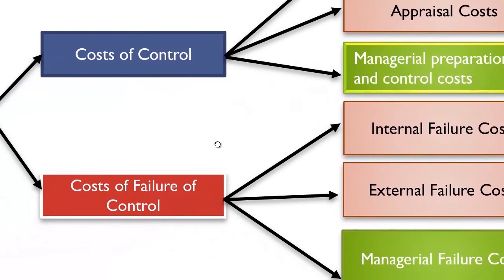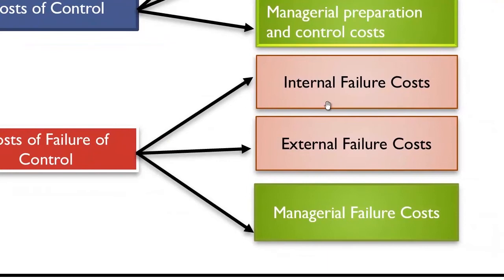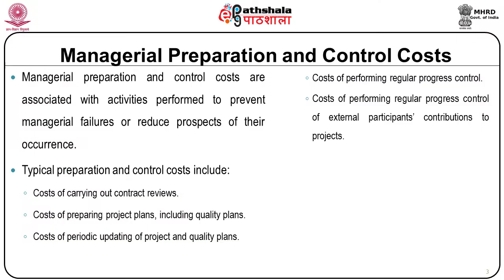In the second case, in addition to internal failure costs and external failure costs, we have managerial failure costs. Managerial preparation and control costs are associated with activities performed to prevent managerial failures or reduce prospects of their occurrence.